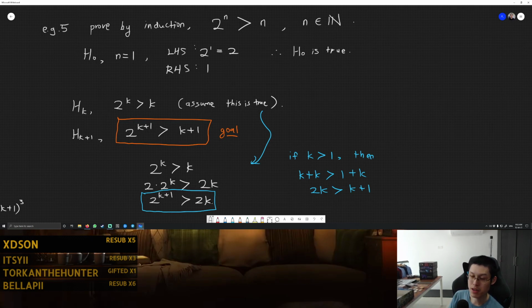Because if I say fk is greater than 10, which is basically this part here, does that mean fk is greater than 9? Because 9 is smaller than 10.